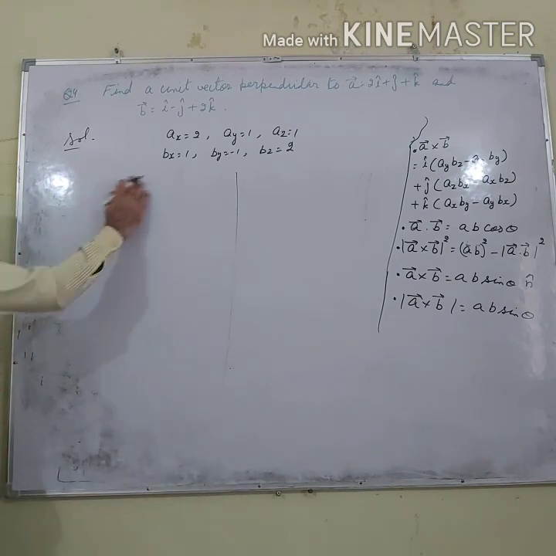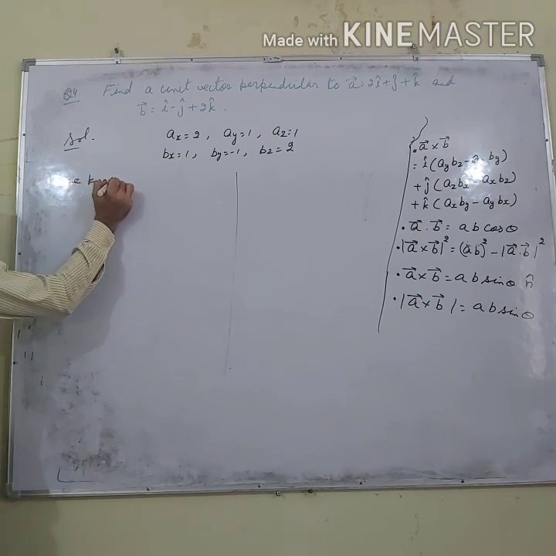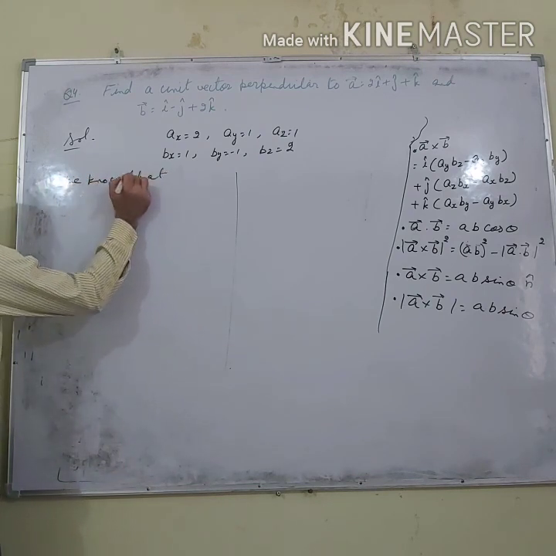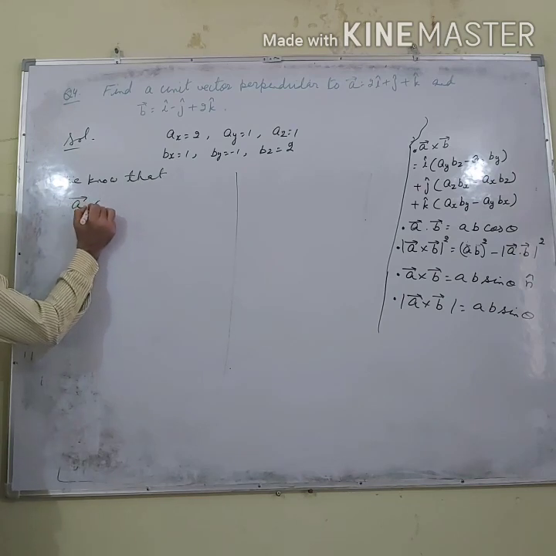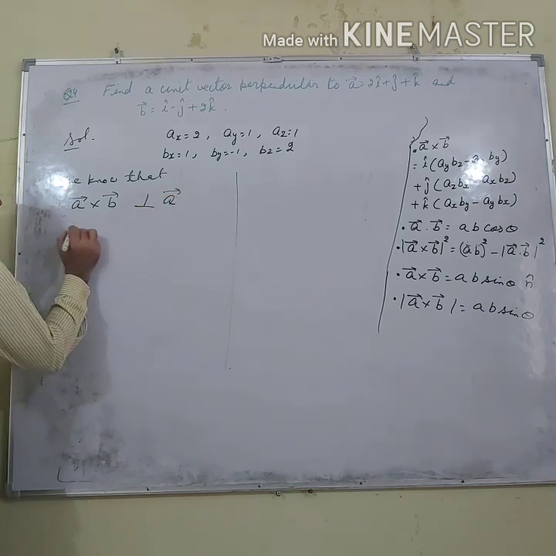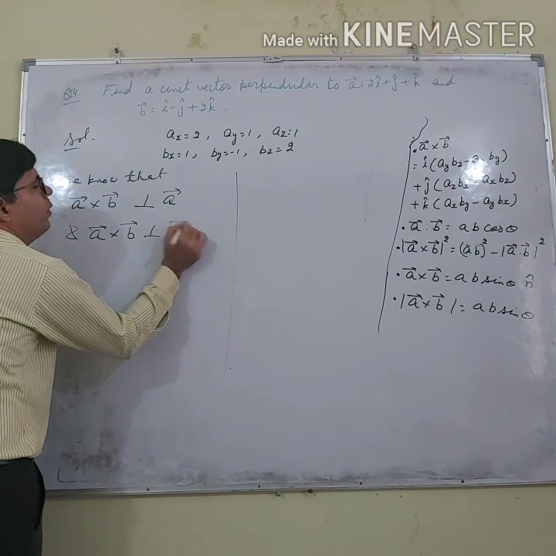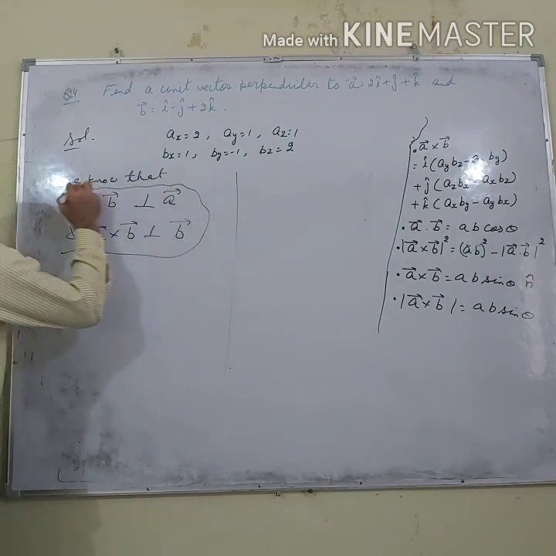Now listen, what we know is that A cross B is perpendicular to A and A cross B is perpendicular to B also. This I know.